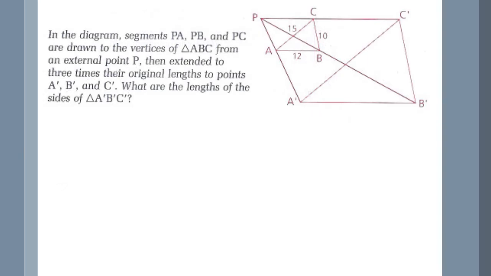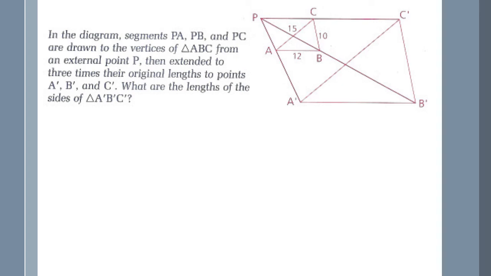In this diagram, segments PA, PB, and PC are drawn to the vertices of triangle ABC from an external point P, then extended to 3 times their original lengths to points A prime, B prime, and C prime. What are the lengths of the sides of triangle A prime, B prime, C prime?